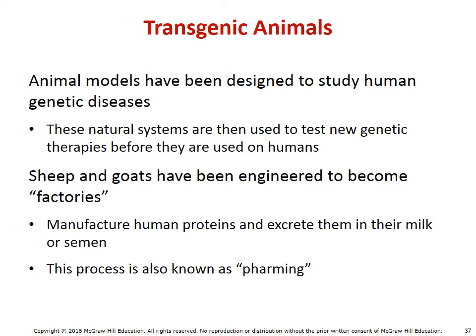So like this example of sheep and goats being basically turned into factories for pharmaceutical production, where we put genes in that allow for a specific product to come out, typically in their milk or semen. The idea here is we could harvest the drugs simply by milking the goat.